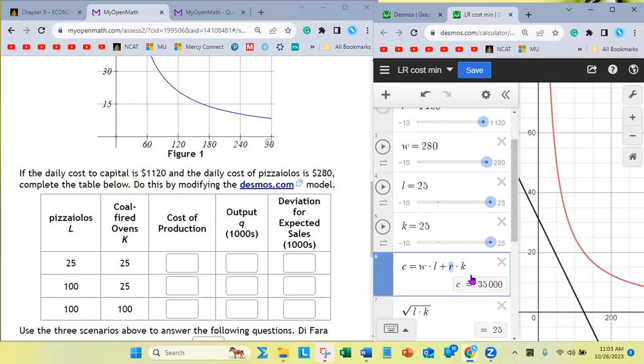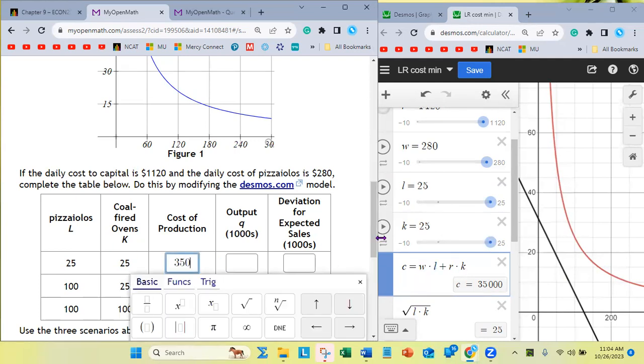R is the rent, the cost of our capital on a daily basis, and K is our assumed value of capital. So when we add the expenditures on capital and the expenditures on labor, we get a cost of 35,000, right? That's how much my production costs.